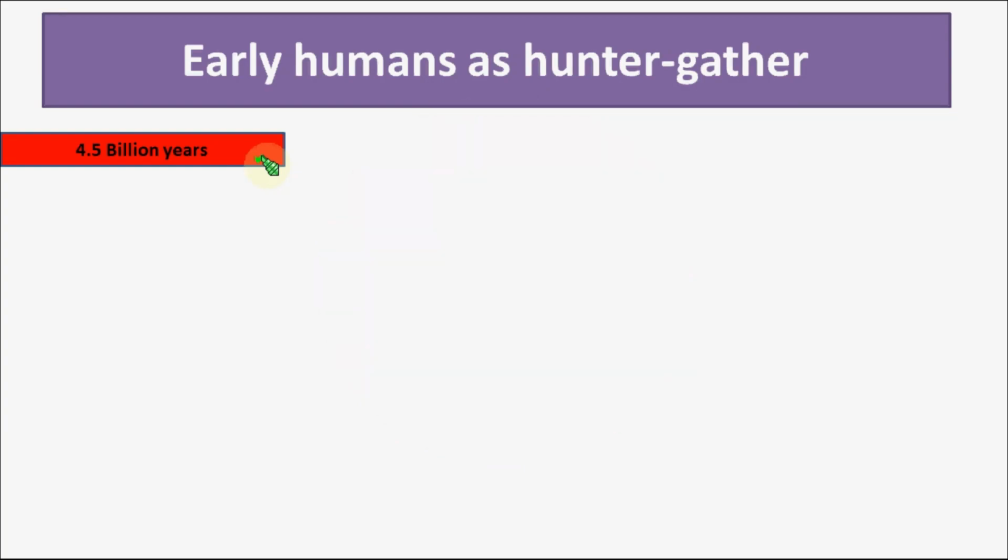But with the passage of time, our Earth started cooling, and very slowly, about 3.5 billion years back, life existed on the Earth.